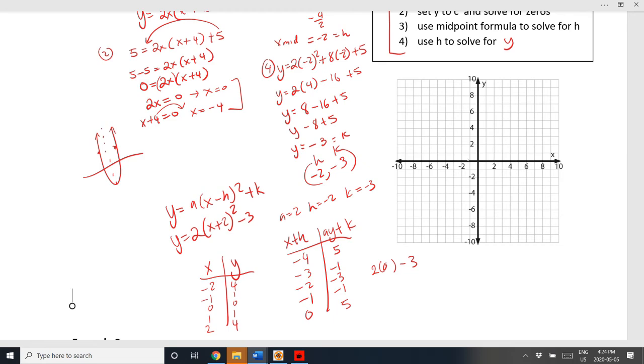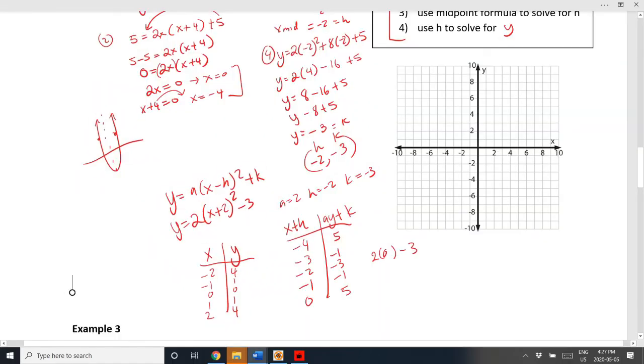So now we can plot our points here. So we have when x is equal to negative 4, y is equal to positive 5. That's going to be right here. When x is equal to negative 3, y is equal to negative 1. So it's down here.